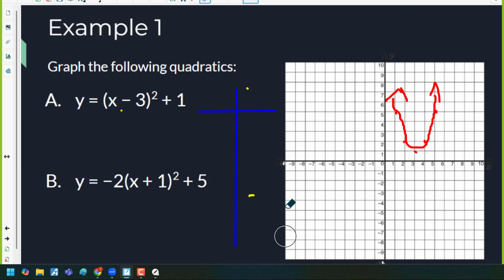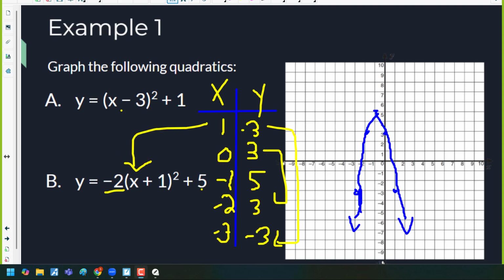Let's do this again for example B now. Same way, we are going to start with our middle value, which in this case is my h value. And what is my h value for example B?